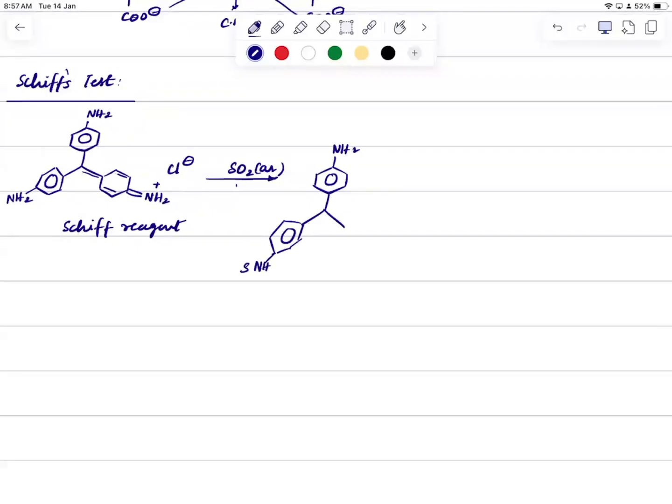Here also it gets added, as SO2H, and here also we have NH, SO2H. Clear? Sorry, it's not SO3H, it's SO2H. And here also we will have SO2H.